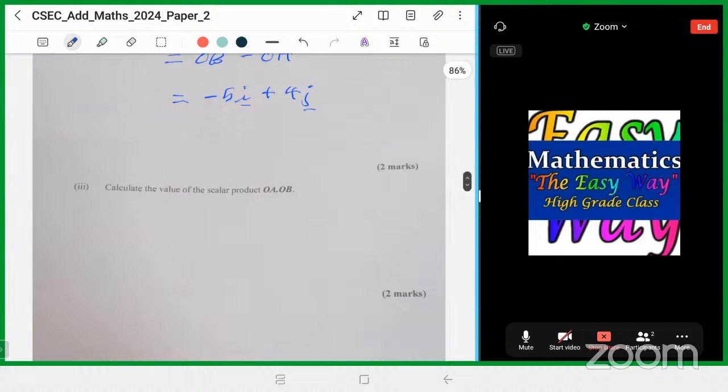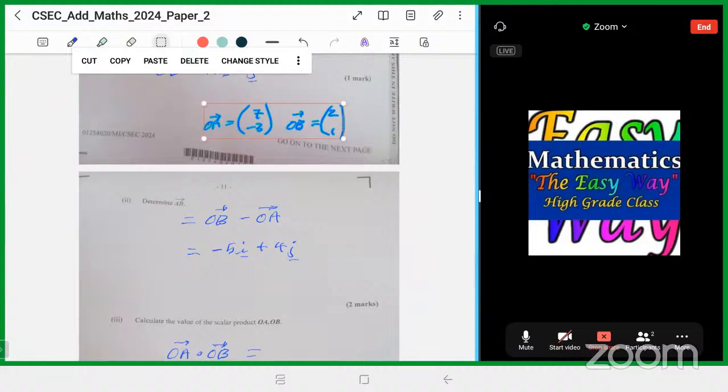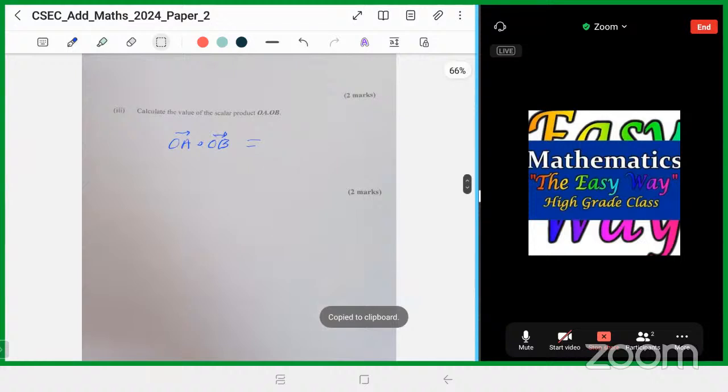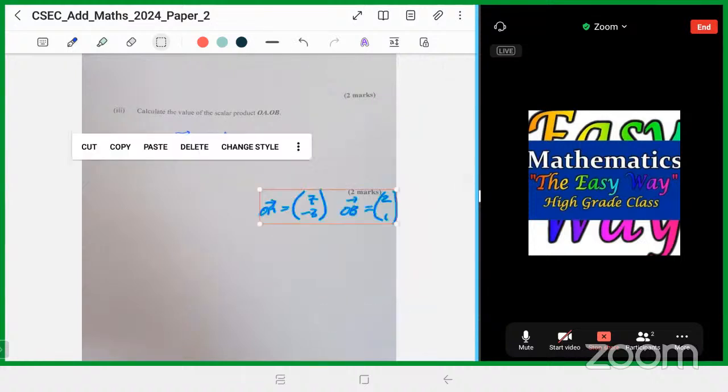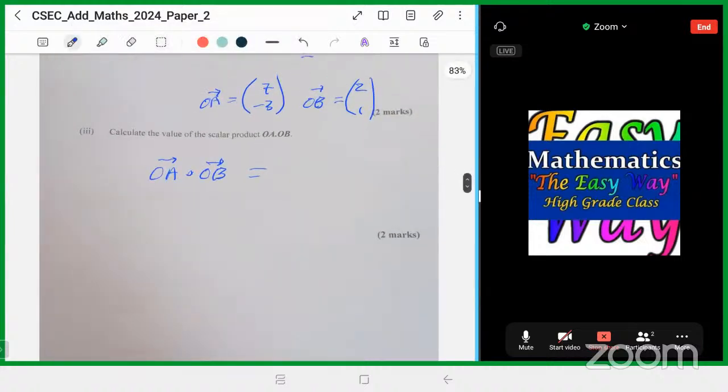The next part wants us to find the value of the scalar product of those two vectors. That's OA dot OB, the scalar product. Let's work it out. Very easy stuff. I'm going to copy these down. It's always easier to see what we're doing with the column vector form, so I just like to use it. The scalar product is the product of the x values, the i components, plus the product of the y values.